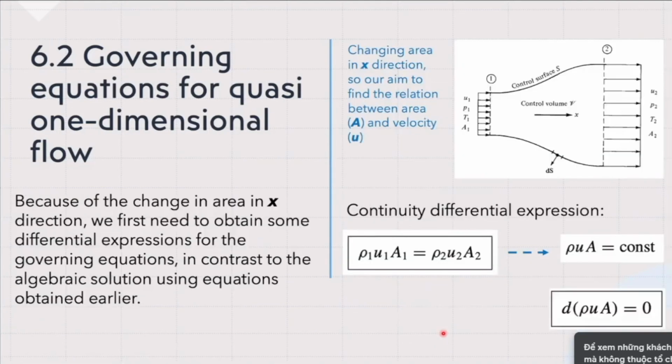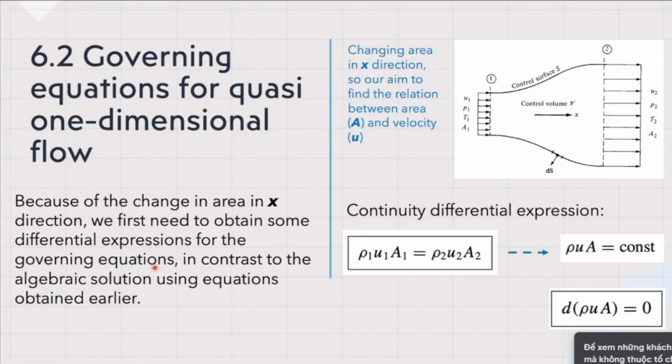All right. So because of the change in the area, as we can obviously see here, area at station 1 is smaller than area at station number 2, right? We first need to obtain some differential expressions for the governing equations.